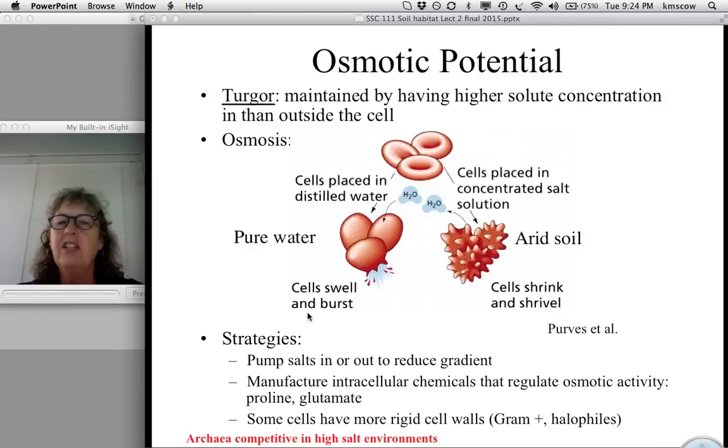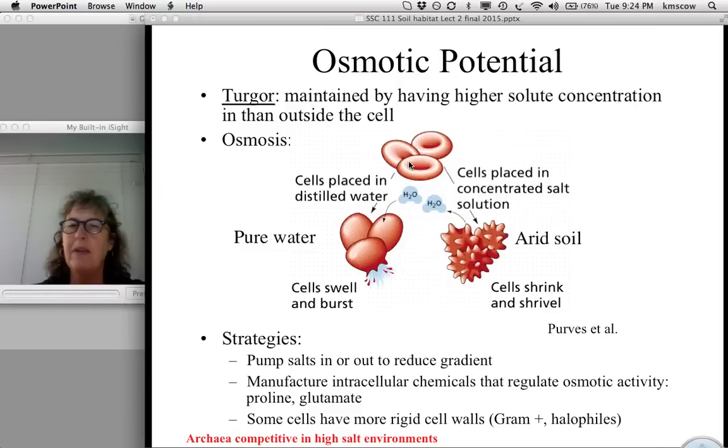Okay, osmotic potential, we just talked about it. Turgor is maintained in cells by there being a higher solute concentration inside than outside the cell. And you know this from osmosis theory, that if you have a bunch of happy cells and you suddenly put them in distilled water, an extremely pure water, then the cells are going to swell up and burst open.